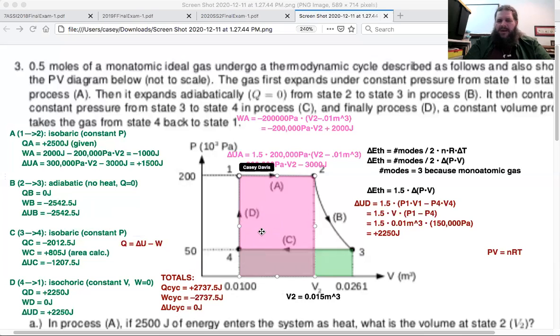One other thing about the graph, a very useful way to interpret work: for any single part of the process, work is just the area under that curve all the way down to the axis. But if we're talking about a cyclic process, what's a good way to interpret work for the whole cycle?